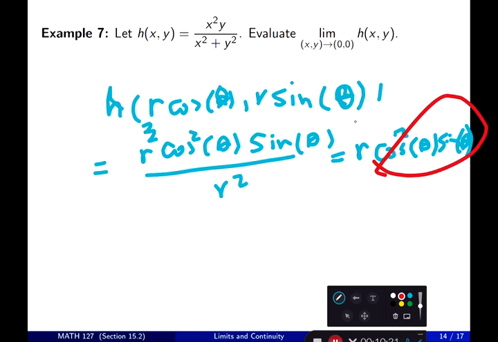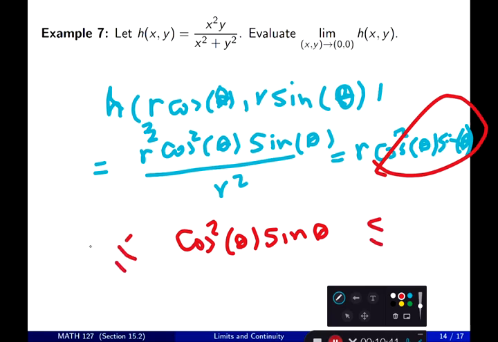With r being positive, cosine squared theta sine theta is between -1 and 1, because cosine squared theta is between 0 and 1, and sine of theta is between -1 and 1.